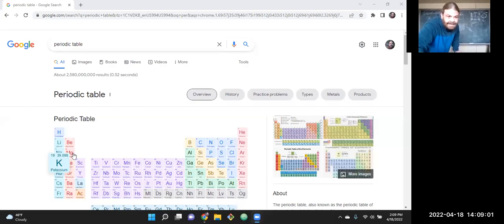So potassium is over here. It only has 1 electron in its outer shell. And phosphorus is over here.